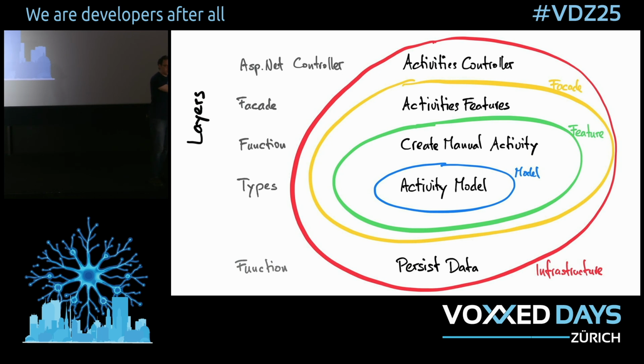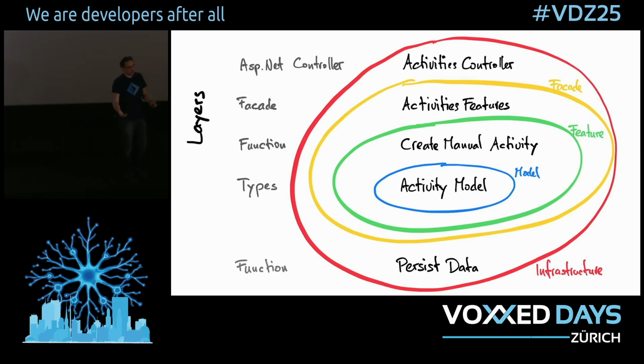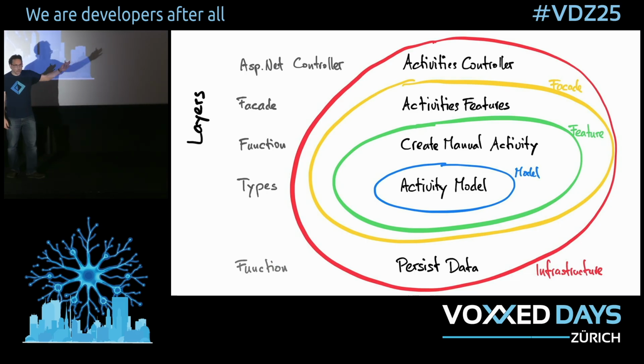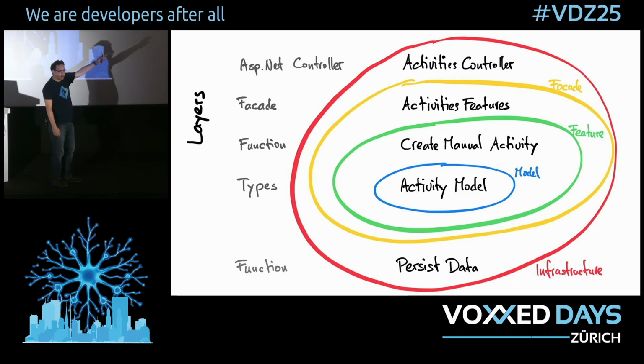So it calls a persistency function, which it gets through dependency injection, like in clean or onion architecture, builds up its model of the activity, does some validation through calling some shared code, does its thing, and returns whether it could successfully create the activity or not. So we see we do onion and clean, just a little bit different.